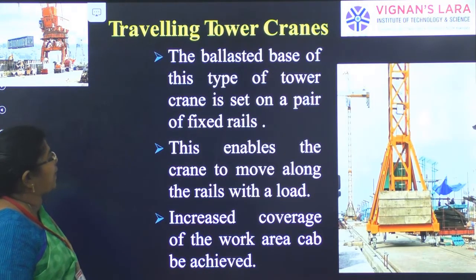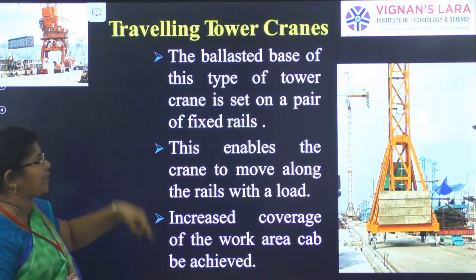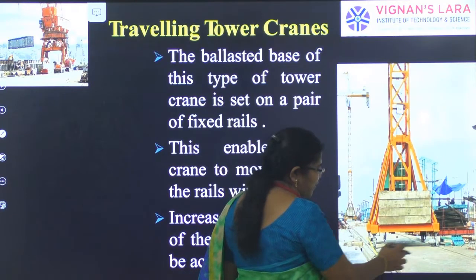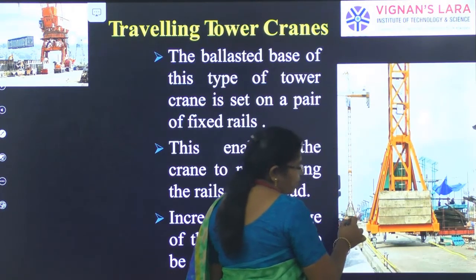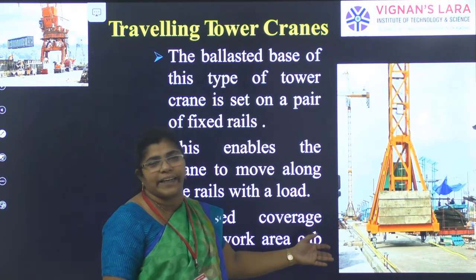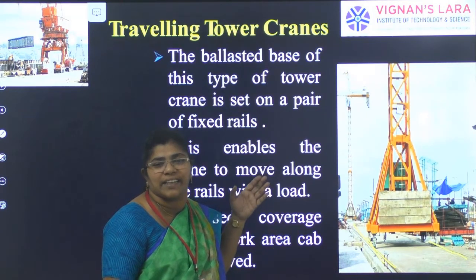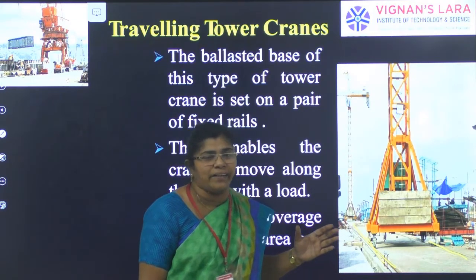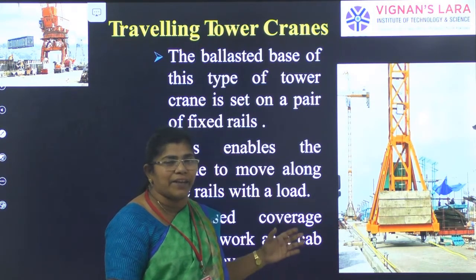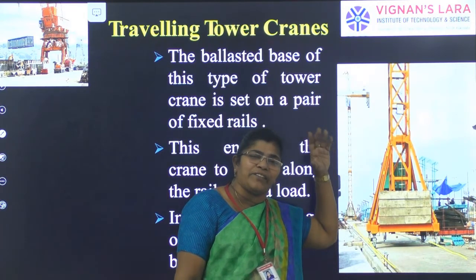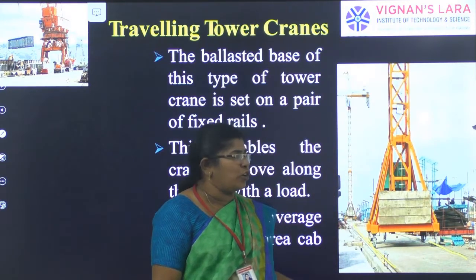The ballasted base is of this type. The next one is the travelling tower crane, where you can see it also moves on 2 rails. Here we can't define this as a fixed crane, and I can't define it as a mobile crane, but it is classified under the fixed crane because it moves only on the rails, and wherever we need we can fix it and do the work.